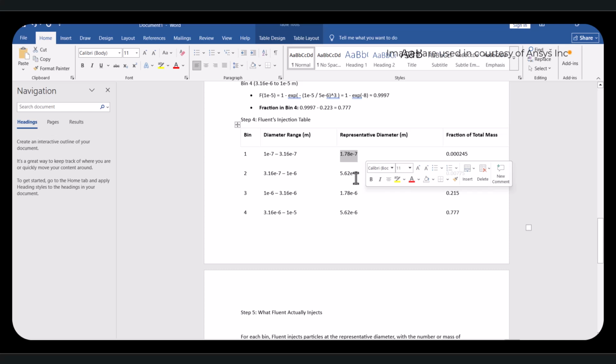So from each bin with this fraction, the particle diameter coming out is this, not either 1e-7 or 3.16e-7. So even though in Fluent you mention the upper limit and lower limit, the value it takes is the average, right? So these are the 4 diameters with which the particles come out of the injection point.